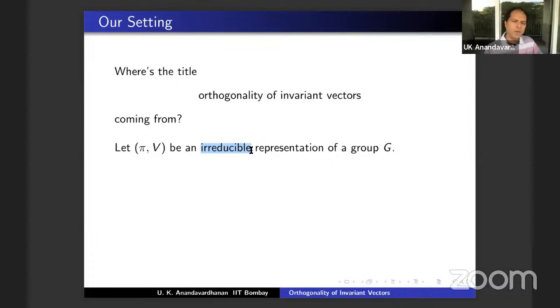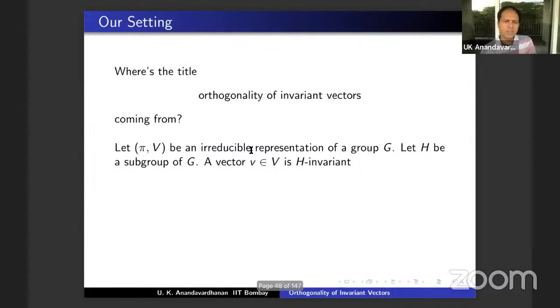So you have an irreducible representation of a finite group G, and suppose you have a subgroup H. In this representation of G, you take a vector V, and it is called H invariant.